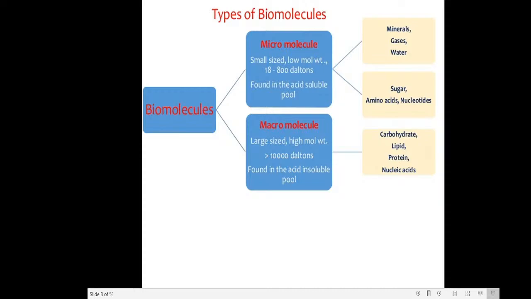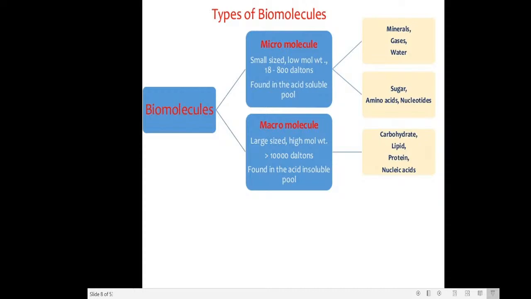Micromolecules are 18 to 800 Dalton molecules, found in the acid soluble pool. The micromolecules have small size and low molecular weight, that we all know.